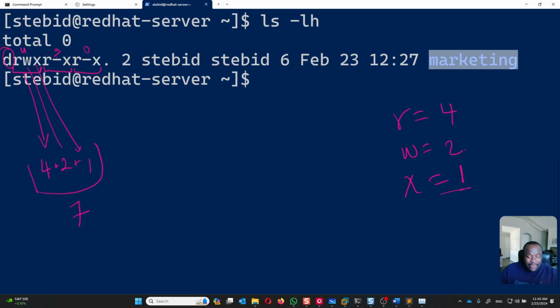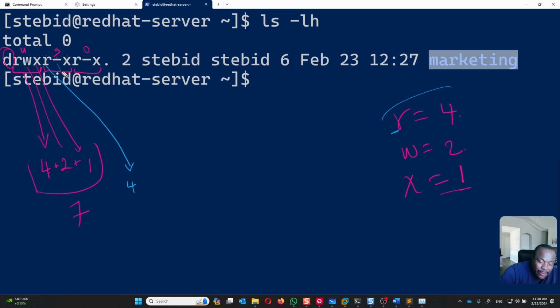Now let's go to the group and see the permissions that the group has. For that, I'm going to change the color of my pen. Let's come into the group. The first permission they have is a read permission. So read, what is the value for read? It's a 4. If you look over here, read is 4. So I say 4. And the next permission is just a hyphen, meaning there is no write there, it's just a dash, it's omitted.